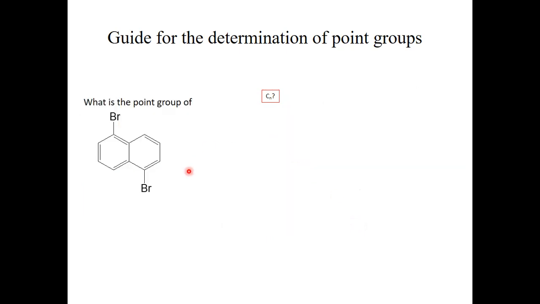Okay, so here's a molecule. This is actually an organic molecule, not an inorganic molecule, but it doesn't matter. We can apply symmetry to all kinds of molecules. So this is a dibromonaphthalene, obviously. And the first question that we would ask is, is there a proper rotational axis present?